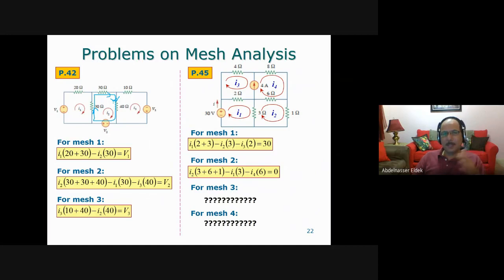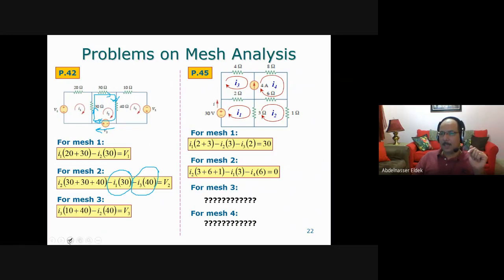This mesh intersects with I1 in 30 and intersects with I3, mesh number 3, in 40 ohm. So it will be minus I1 times 30 minus I3 times 40, equals the source. You have only one source here, which is V2, and V2 is in the clockwise direction, then it is positive.